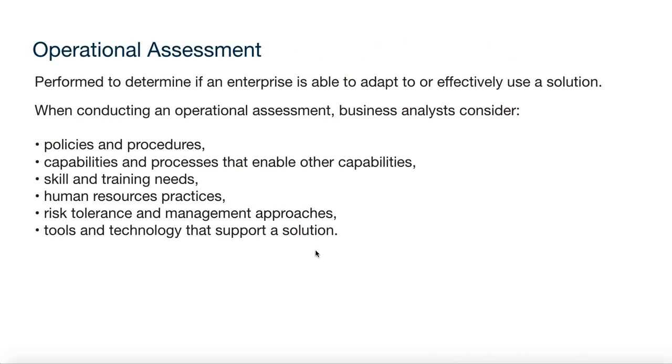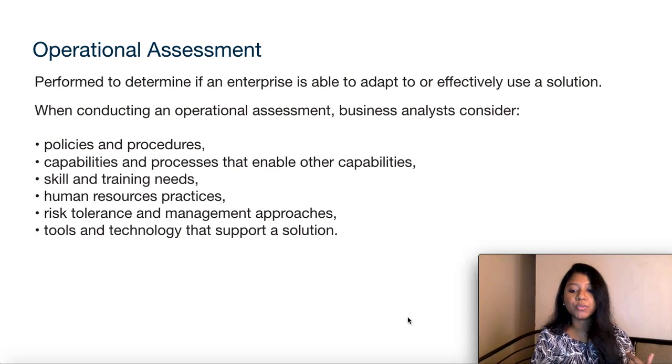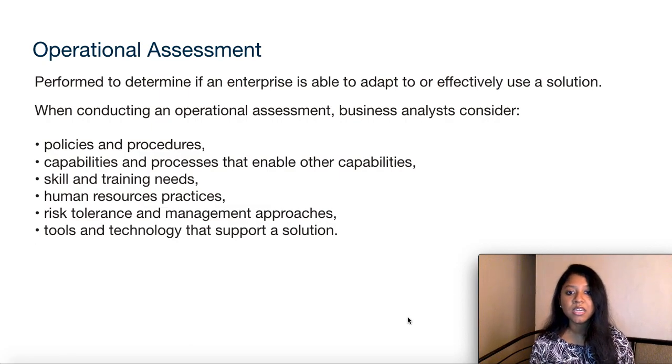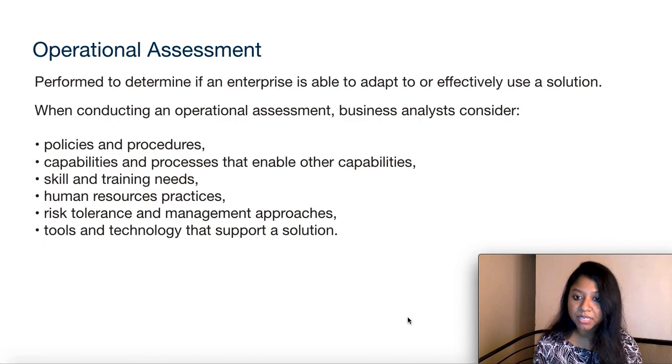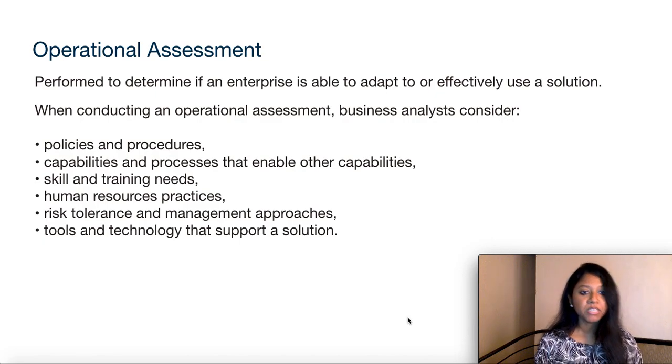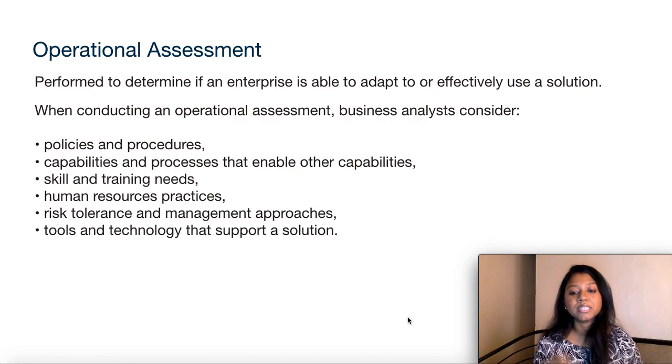And the last one is operational assessment. As part of this operational assessment, you want to determine if the enterprise is capable and able to use the solution, to adapt to it, and to use it effectively. When conducting this operational assessment, the business analysts need to consider things like policies and procedures. Are there any policies and procedures in place for when people use the solution, or how are they supposed to use the solution?